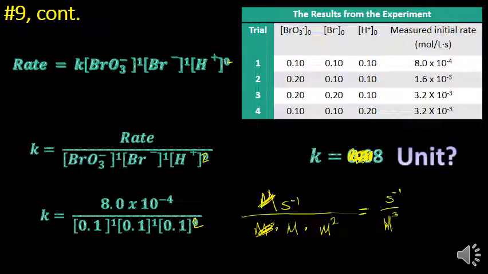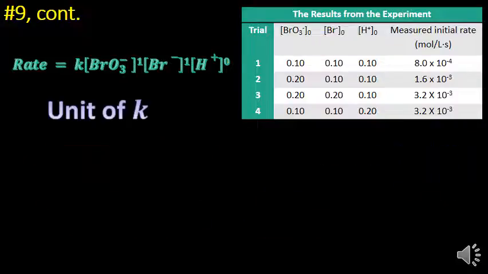And another way I could have written this is 1 over molarity squared. 1 over molarity cubed times seconds, yes. Or M to the negative 3. Sorry, that should have been negative 3. Too much chemistry, you know. M to the negative 3, and then s to the negative 1. See, the units aren't that bad to find. You just got to break those apart.